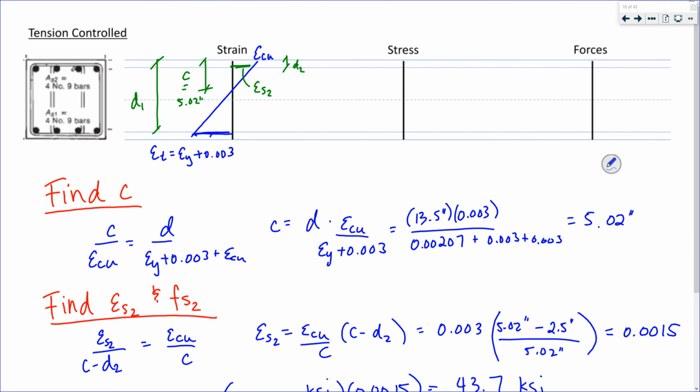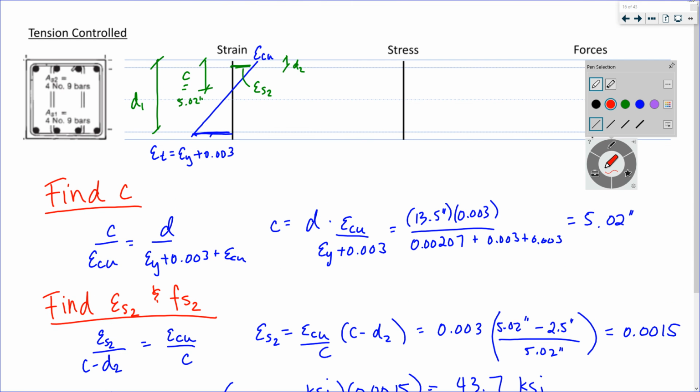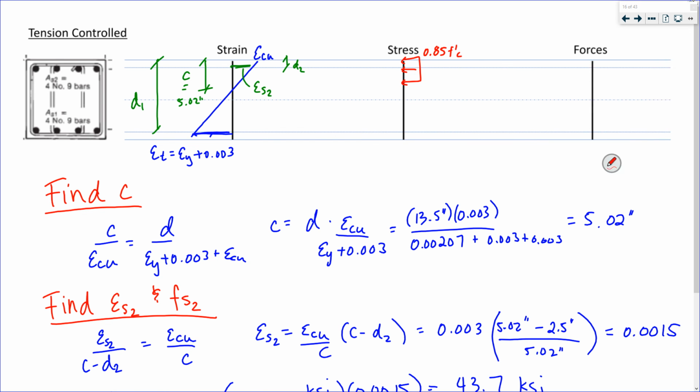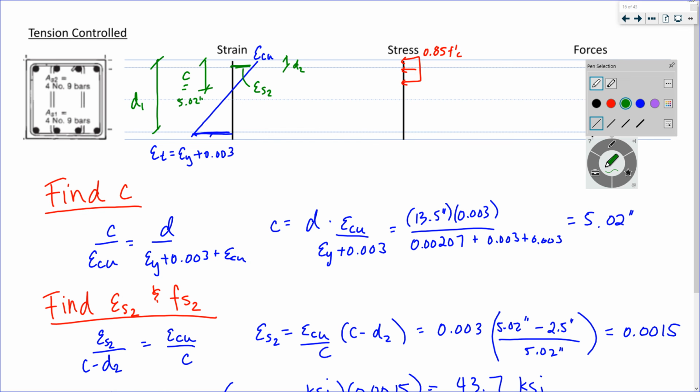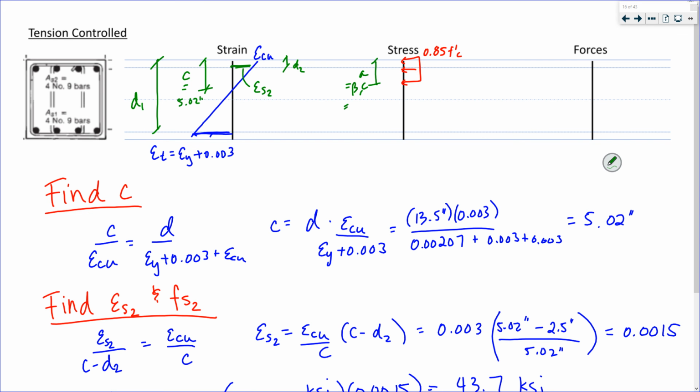We have our concrete stress, 0.85 F prime C. It happens over a depth A, which is beta 1 times C, so 0.85 times 5.02 should be 4.27 inches.